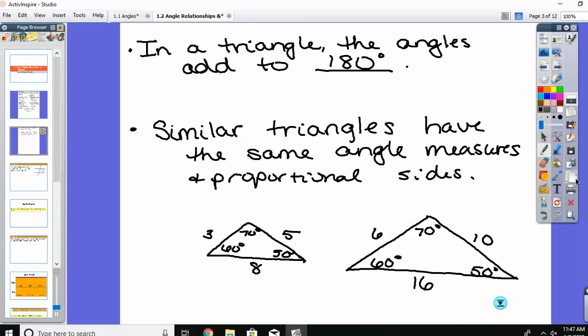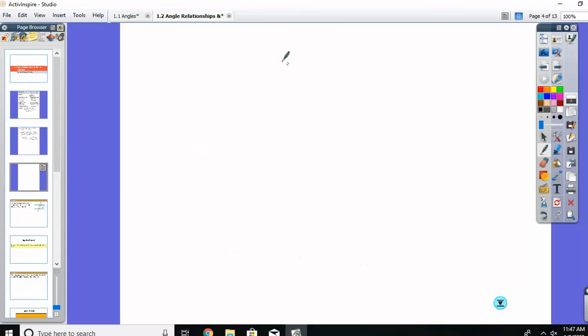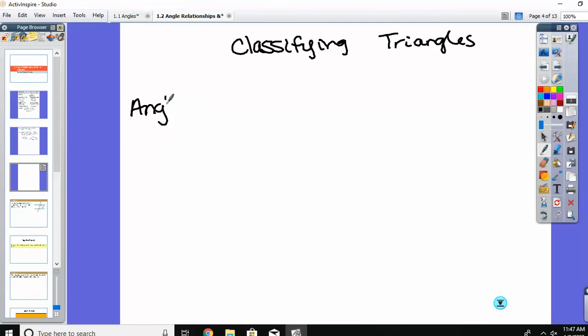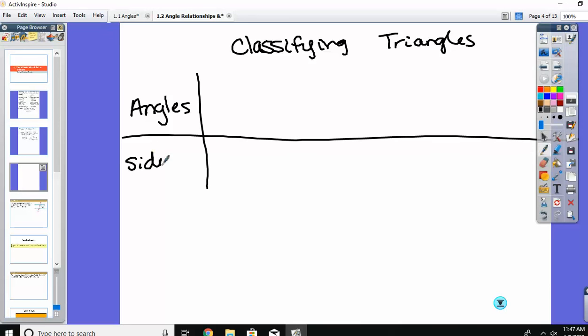One more thing I want to touch on is classifying triangles. We can classify triangles 2 different ways, by their angles and by their sides. So when I'm talking about the different types of triangles, if it is an acute triangle, what does that mean?